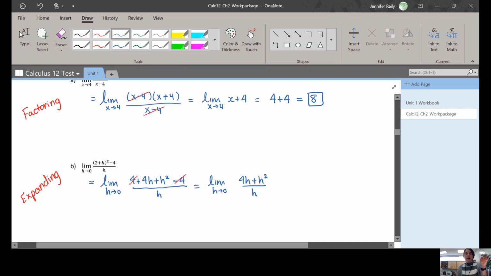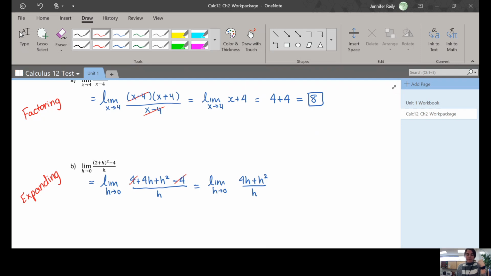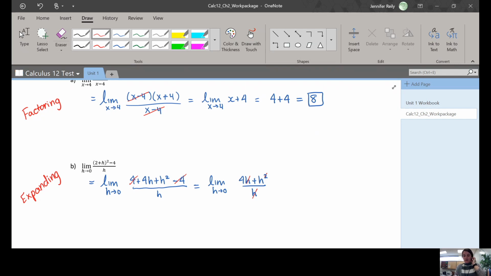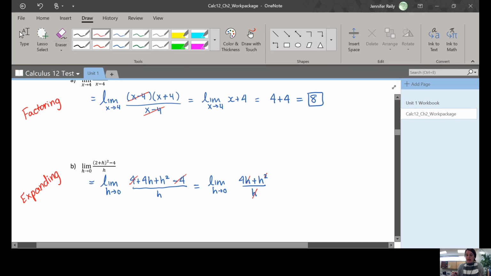And in a fraction, when every single term has an h in it, we can cancel it out. So this first term has an h, the second term has an h. You can only do that when every single term has a certain divisor. So there's 3 terms in this fraction, and every single one divides by h. So we can cancel an h out of every term.